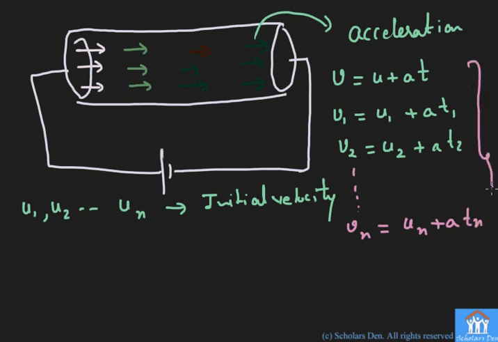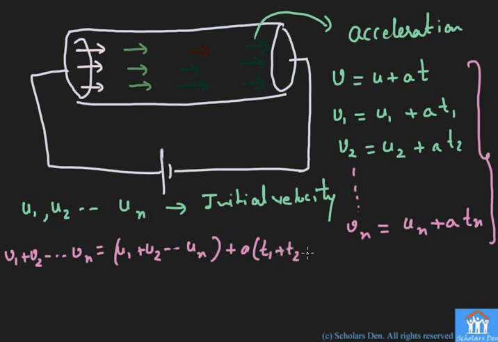If I add all these equations, I get v1 plus v2 up to vn is equal to u1 plus u2 up to un, then plus a times t1 plus t2 up to tn.